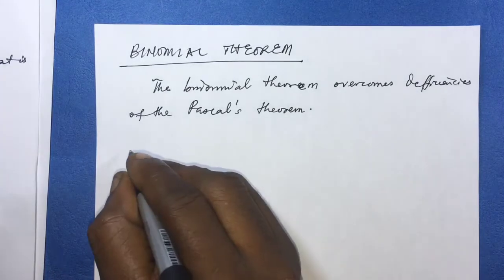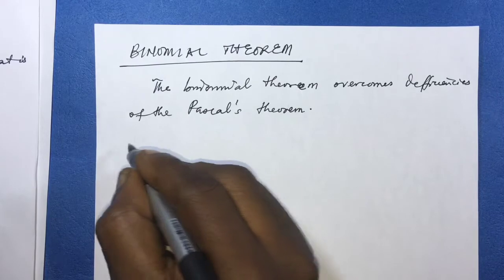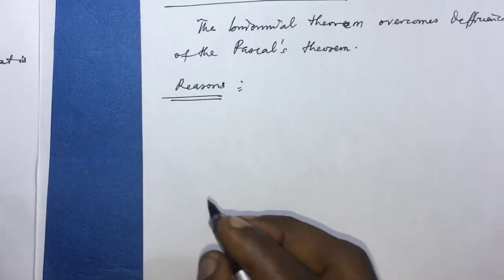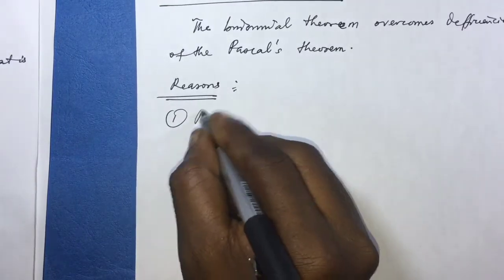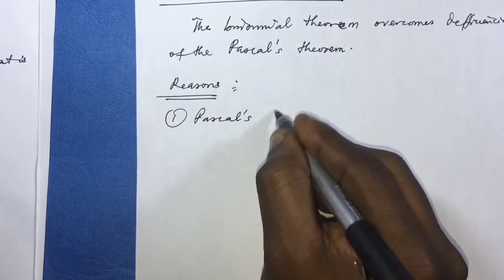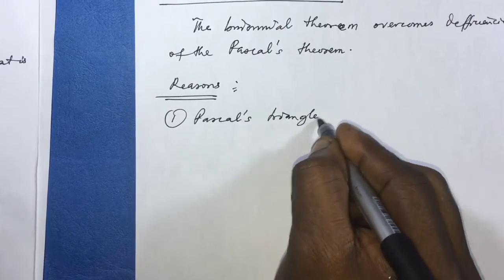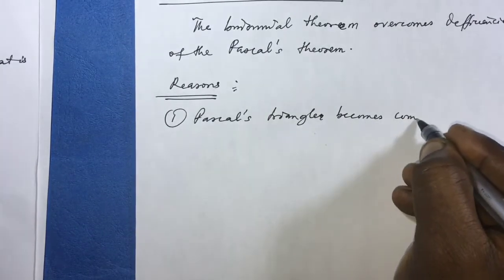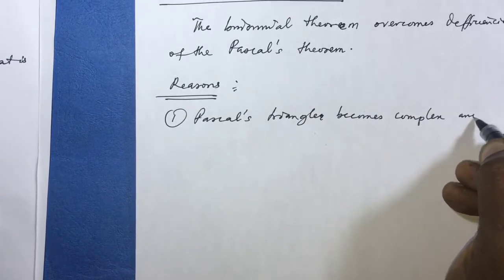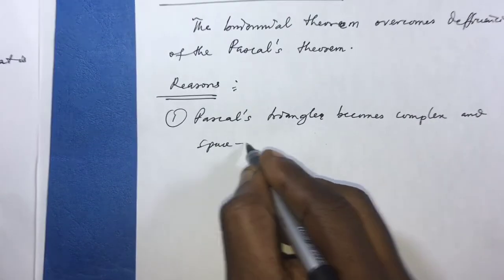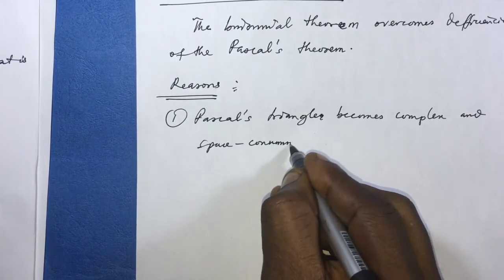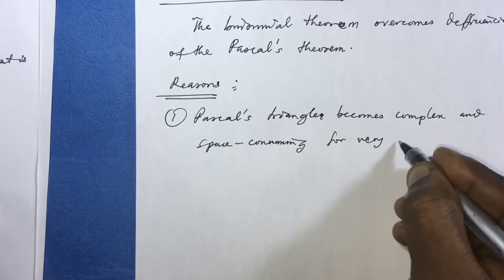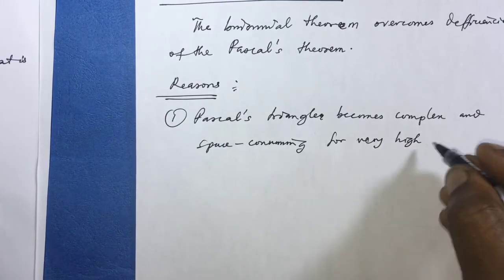Now, why is that so? Let's see. Reasons. Number one, Pascal's triangle becomes complex and space consuming for very high powers of binomials.